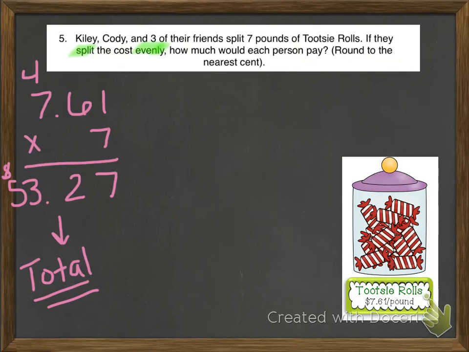But the question wants us to know, split evenly among the 5 friends, what was their individual cost? So dividing now, $53.27 divided by 5. 5 goes into 5 one time.